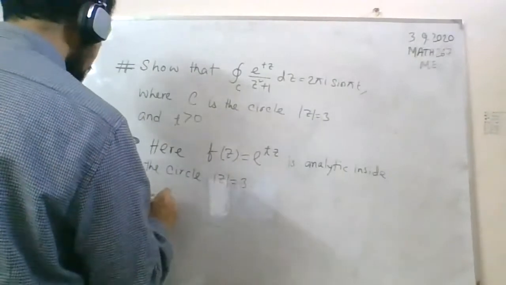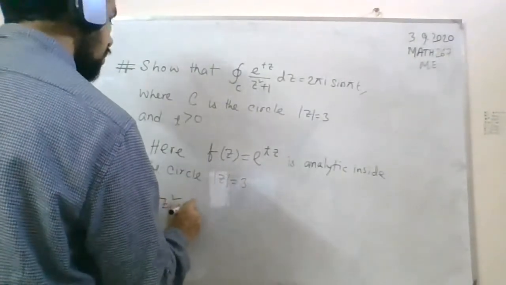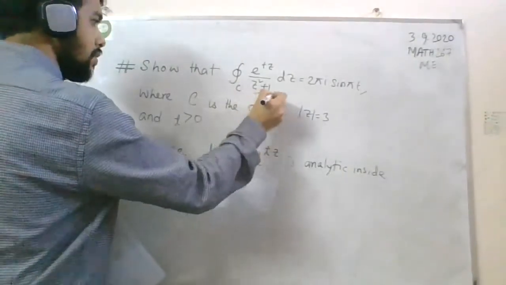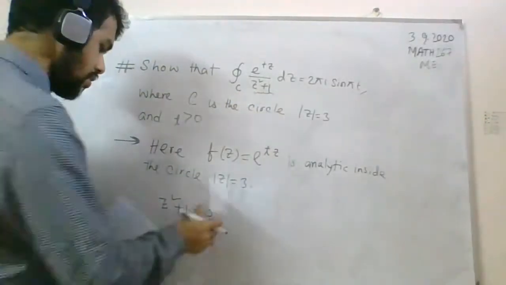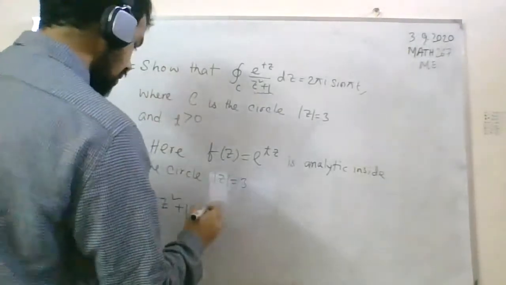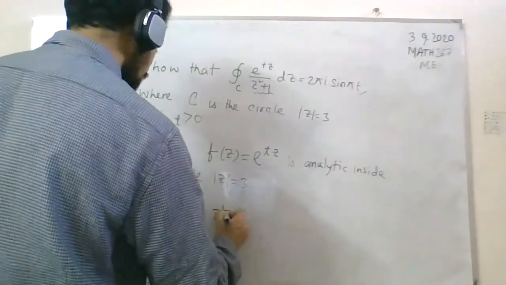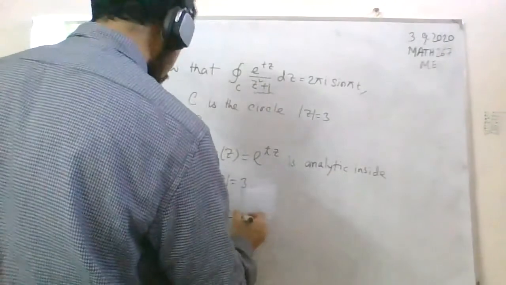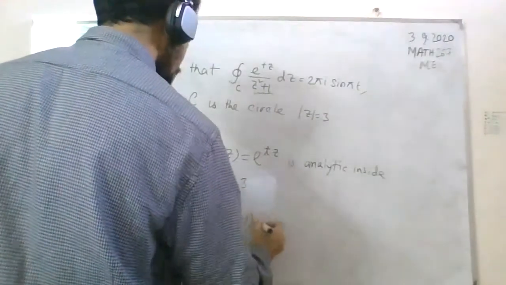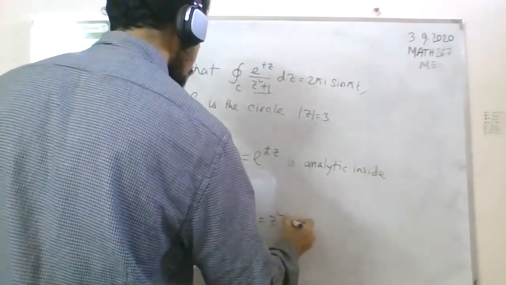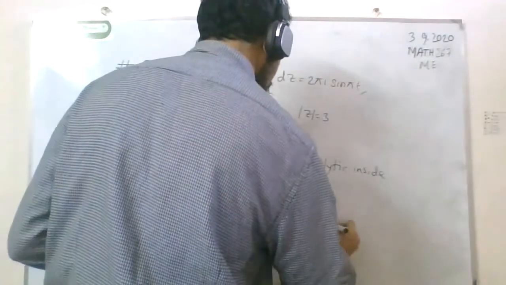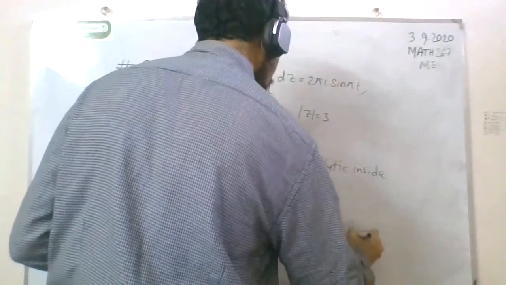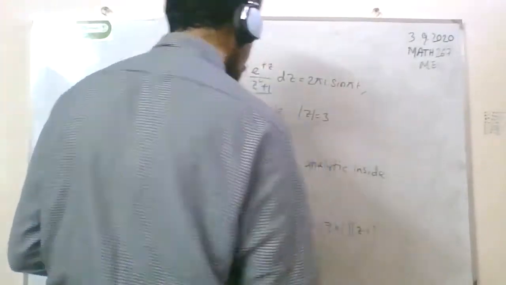Now, here z plus 1 goes to 0. Or so you can read it: z is, and you can say, also you can write z plus i, also z minus i.